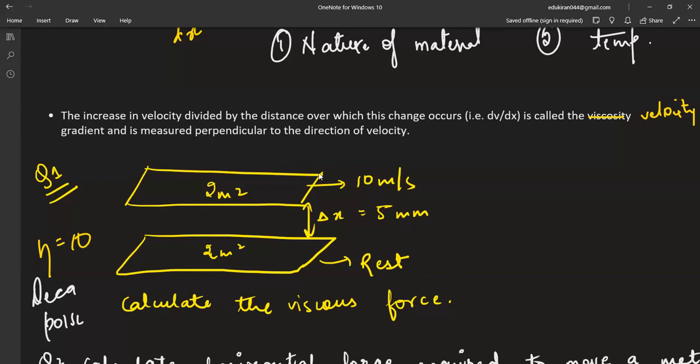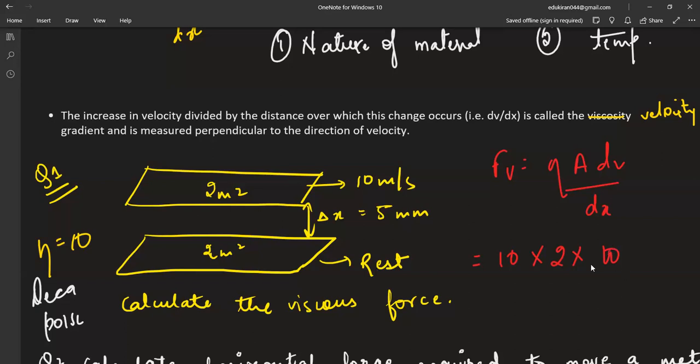So see, if you have to calculate viscous force, it is eta A dv over dx: 10 into area 2, into velocity 10. See, this is at rest. Sometimes you have to subtract also. One layer is at 10 meter per second, and the second one is at rest.